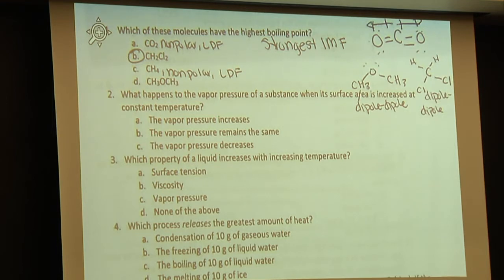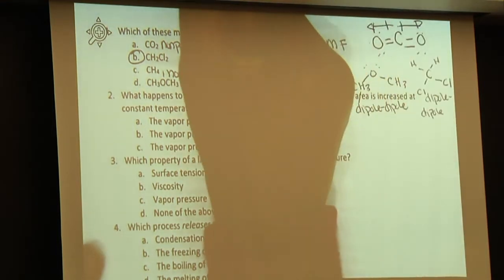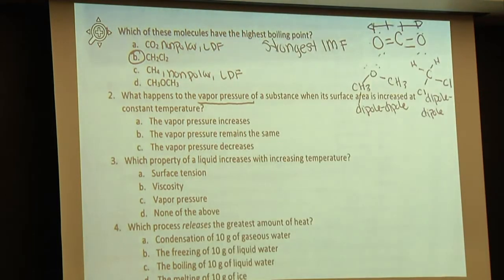All right, so they're asking about vapor pressure, but you guys learned in the book the relationship between the rate of vaporization and surface area, not just vapor pressure. So for this question, it's going to remain the same.